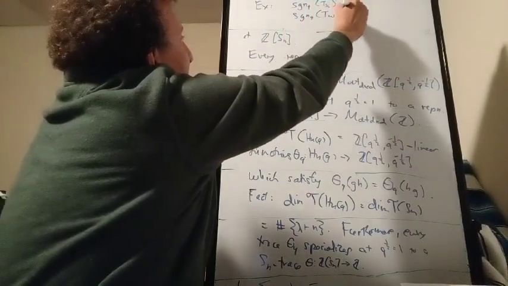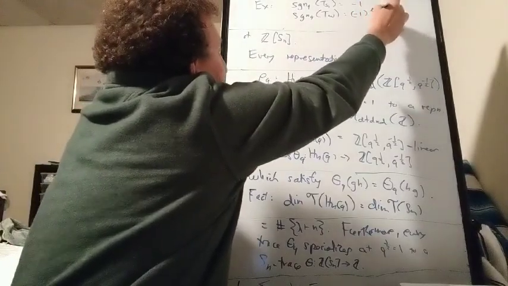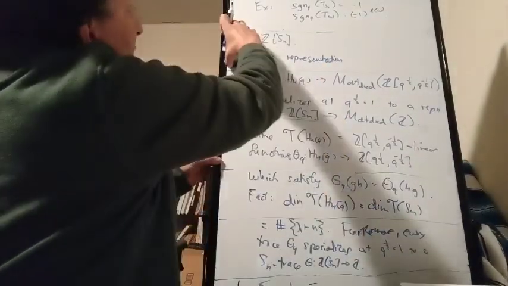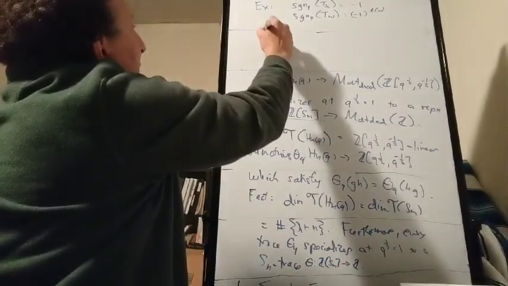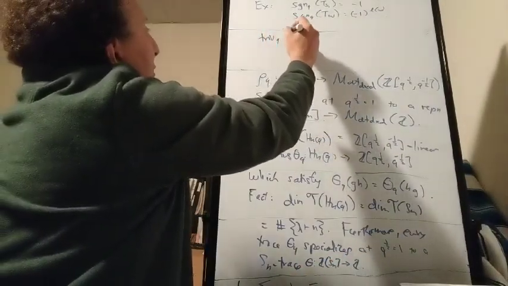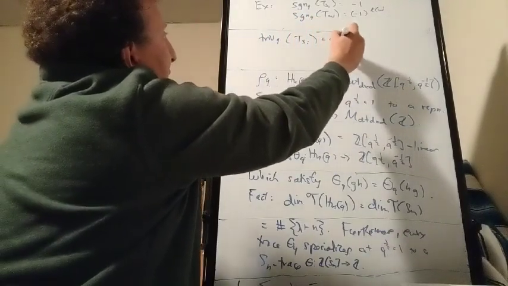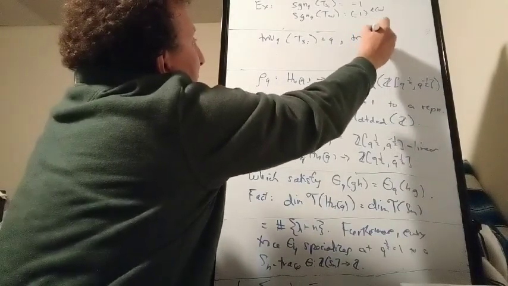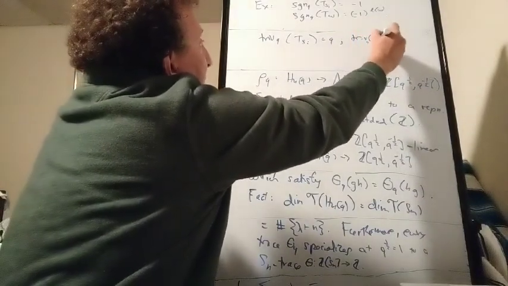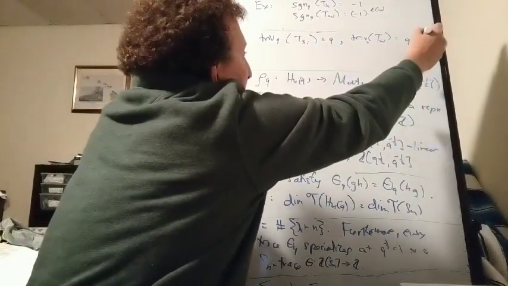So the sign of TW is -1 to the length of W. So there's no Q's in that one. But the trivial character, the Q trivial character, maps every generator to Q. So it maps TW to Q to the length of W.